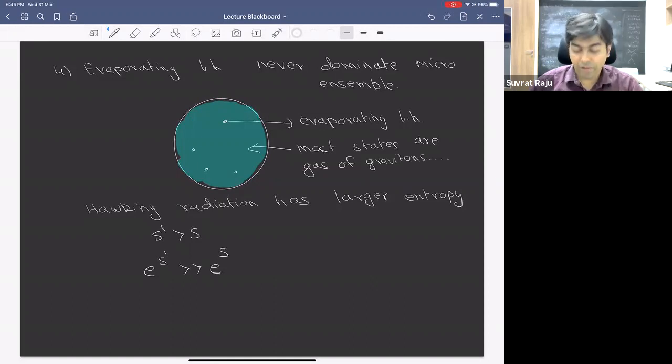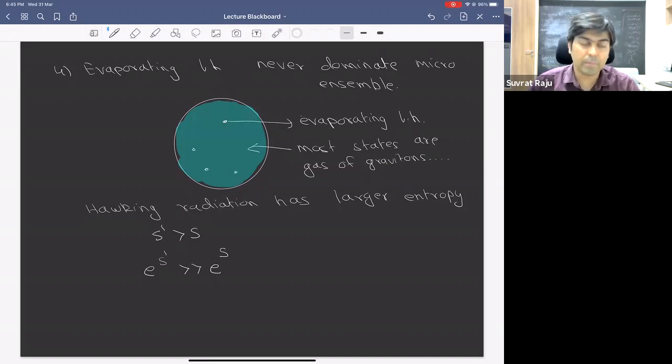By the way, this situation also happens in AdS. If you take small enough energies, then there's a regime in which you get small black holes in AdS. This is a regime in which the cosmological scale of AdS is much larger than the Schwarzschild radius of the black hole.